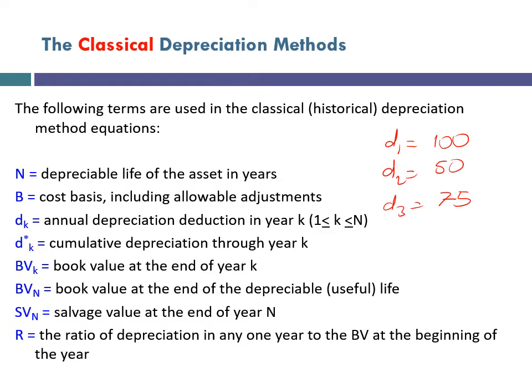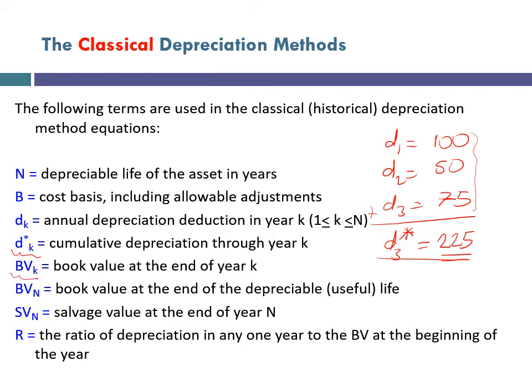Okay, so with D3 star, or DK star, we will denote the cumulative depreciation until year 3, which is simply the summation of these depreciations until year 3. So 225, which is the summation, is the cumulative depreciation until year 3.